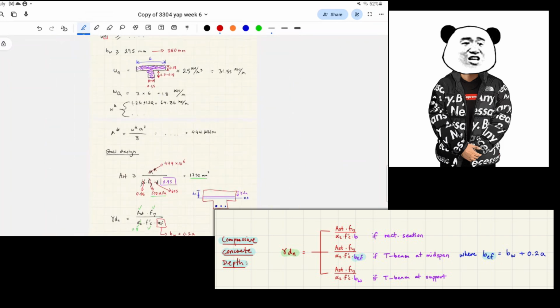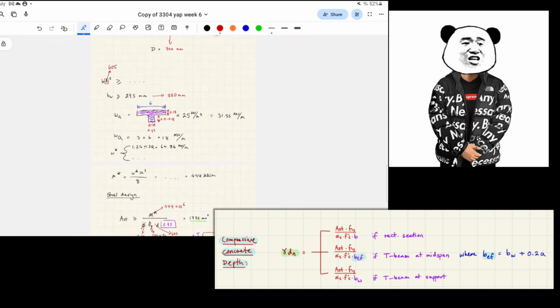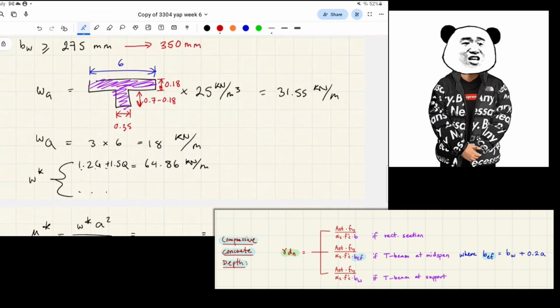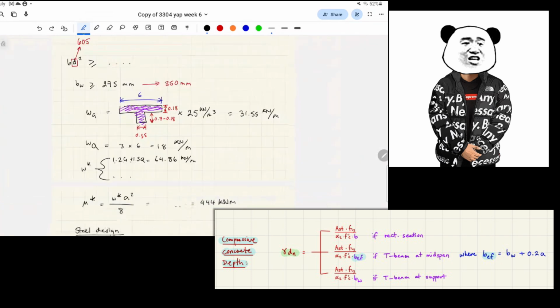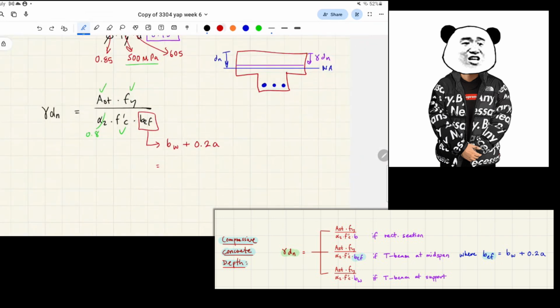So I'll just show you here. What's BW based on this drawing? 0.7 minus 0.18. So that's the web, 350. Yes, that's the web width. Very good. So that's 350.